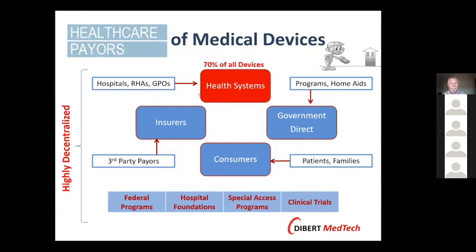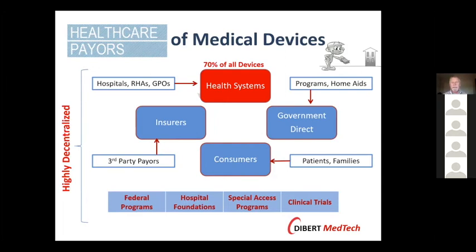Other buyers, though, depends on your device. You need to understand who the buyer is, which is why this slide is here for consideration. Maybe your product isn't meant for the health system. Maybe it's meant for something as simple as an early insulin pump.